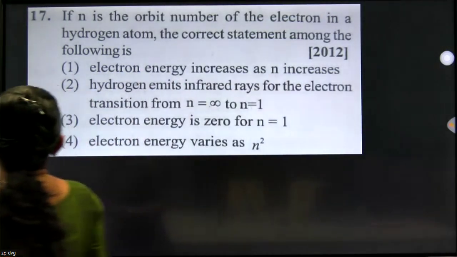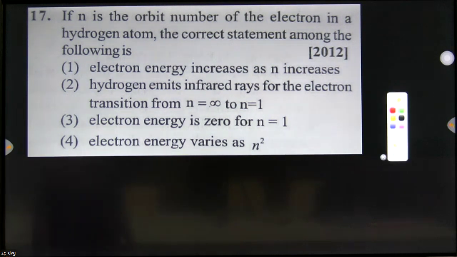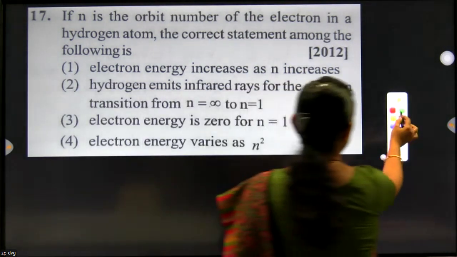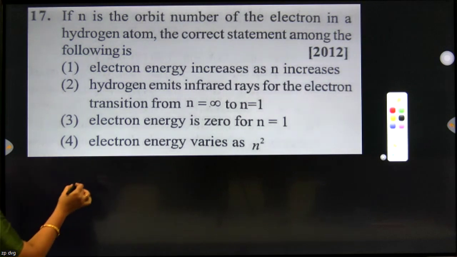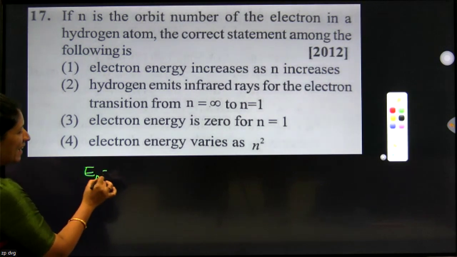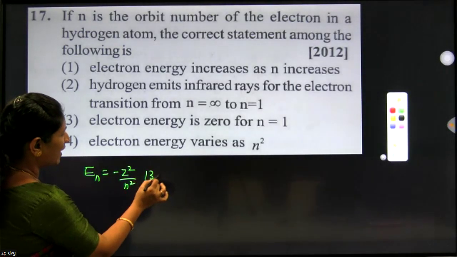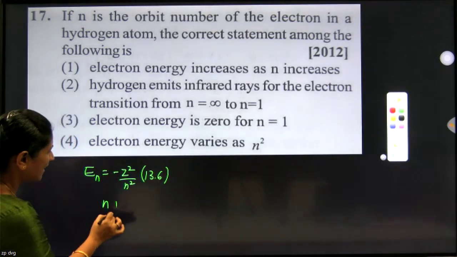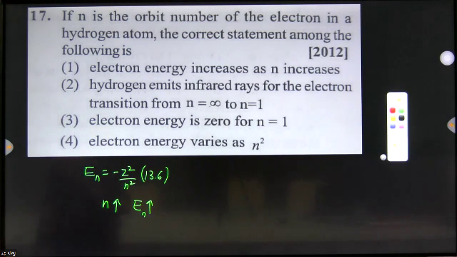Seventeenth question. If n is the orbit number of the electron in a hydrogen atom, the correct statement among the following is: first one, electron energy increases as n increases. We know that energy of the electron in the nth orbit is equal to Z square by n square into 13.6. Here as n increases, energy also increases. The first one is the answer.